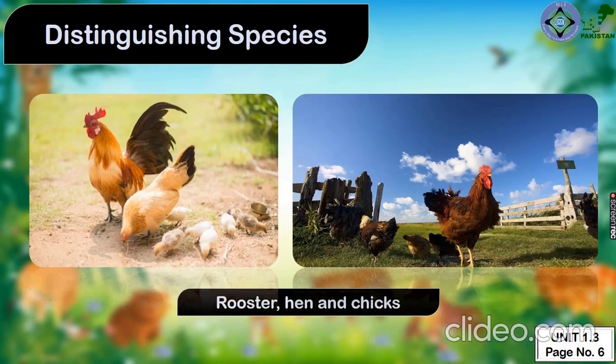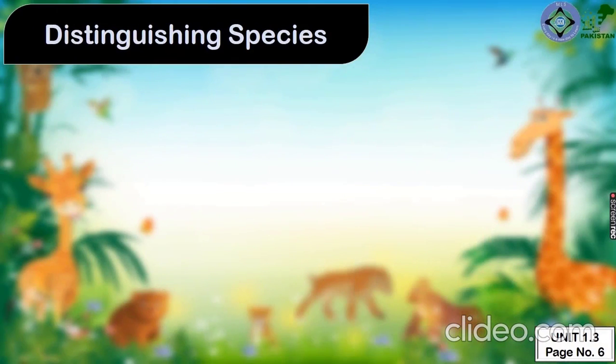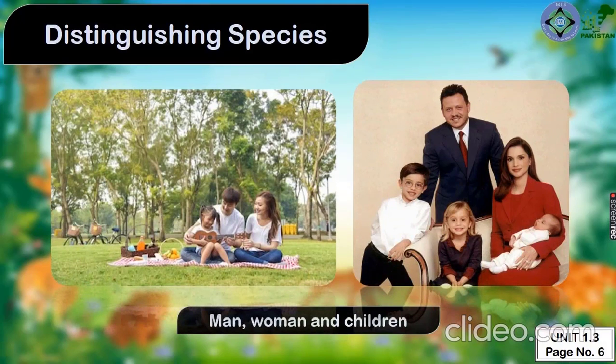Similarly, the family of a rooster, in which there is a rooster, hen, and chicks. Same like us, in which there is a man, woman, and children.